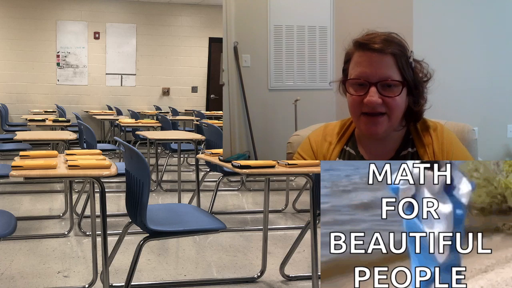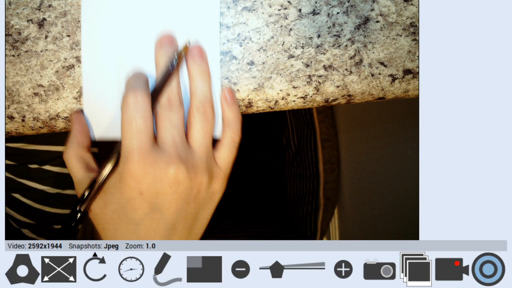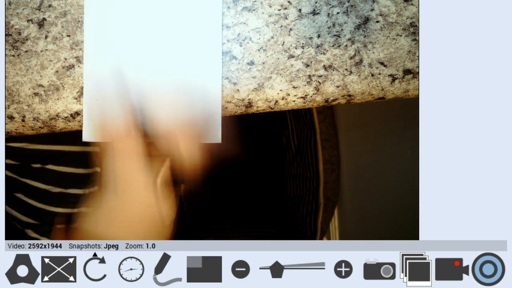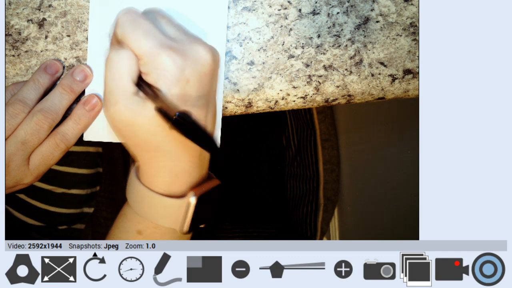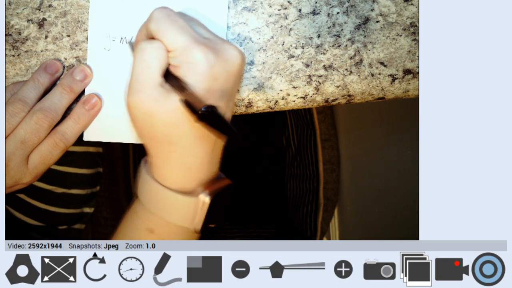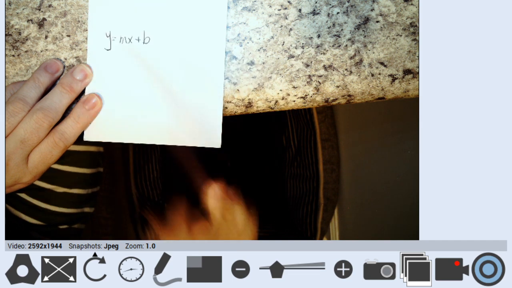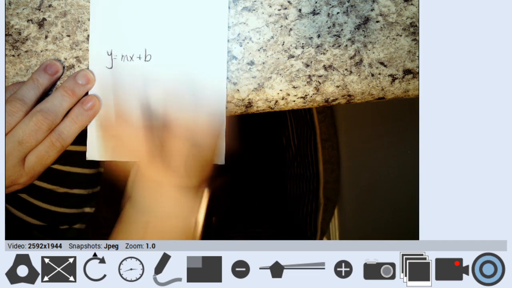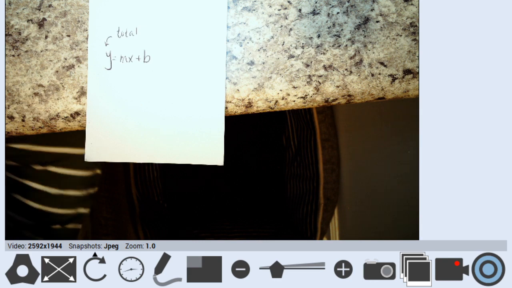You all know that linear models are always going to be expressed as y = mx + b. We've talked about before how y is generally a total or some goal that you're trying to reach.